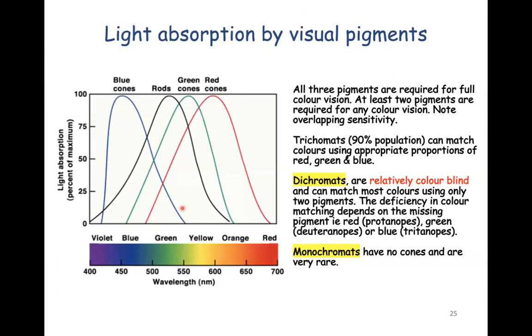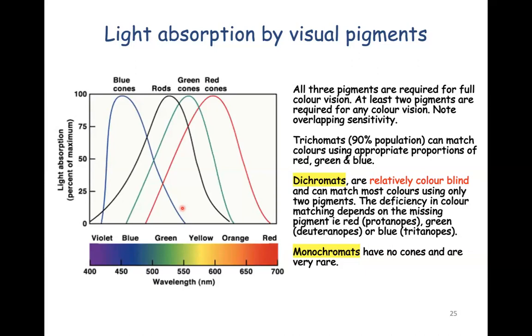Okay. Now coming to what happens if you're missing one type of cone, or one certain color cone. This is when you come to people with, I think it's dichromatopia, I'm not sure how to pronounce it. Anyway, they're called dichromats.